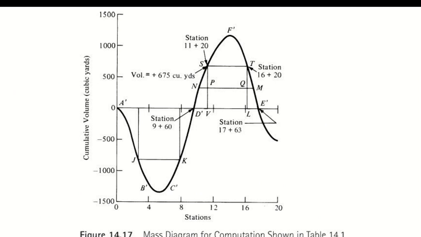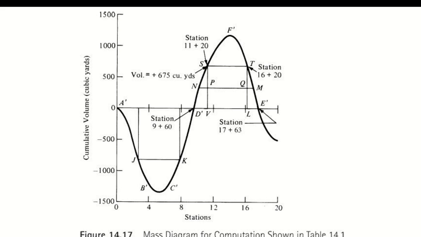Whenever you see the 0 axis in the mass haul diagram, that is called the balance line. The axis which is intersecting the 0 on the y is called the balance line. Balance of what? Balance of cut and fill.